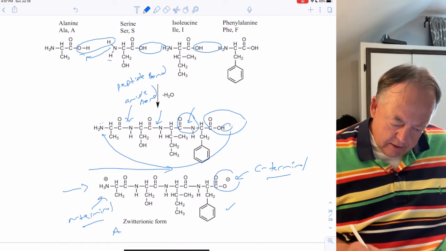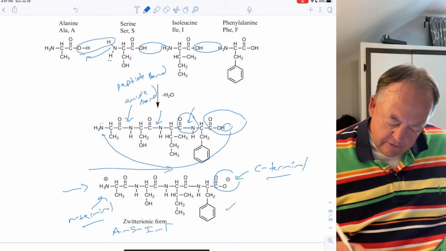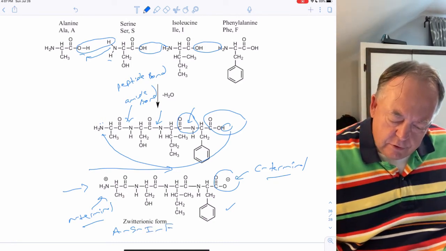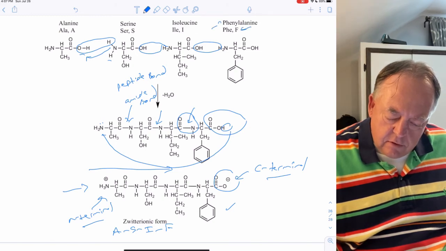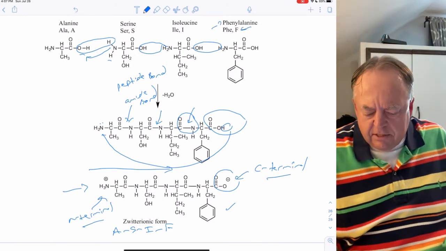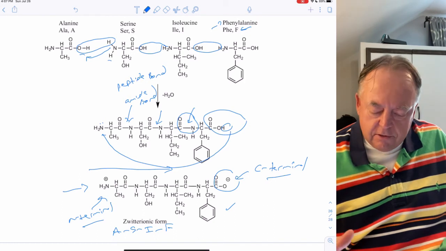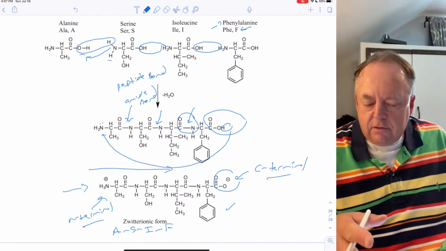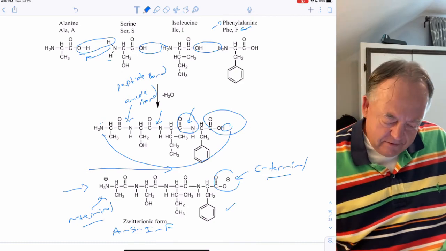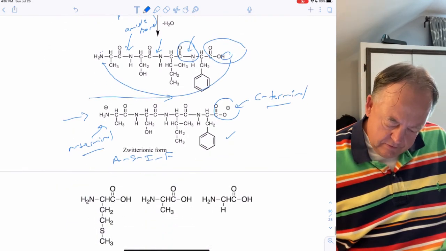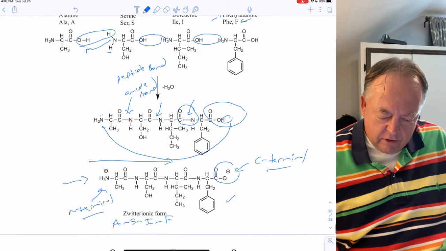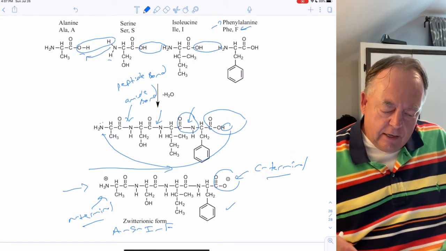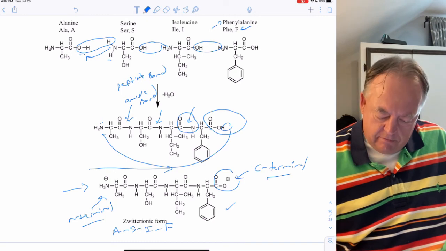You can name this A, S, I, F. So usually the letter is the first letter of the name of the amino acid, but not always, because some of the amino acids, like phenylalanine and proline, both start with P, so you can't use P for both, so one of them has to be different. But most of them have the same letter as the first letter in the name of the amino acid.